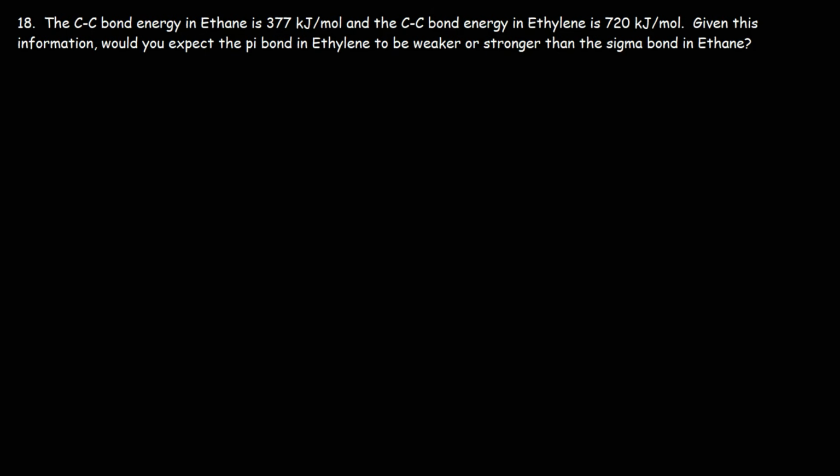Number 18. The CC bond energy in ethane is 377 kilojoules per mole, and the CC bond energy in ethylene is 720 kilojoules per mole. Given this information, would you expect the pi bond in ethylene to be weaker or stronger than the sigma bond in ethane?